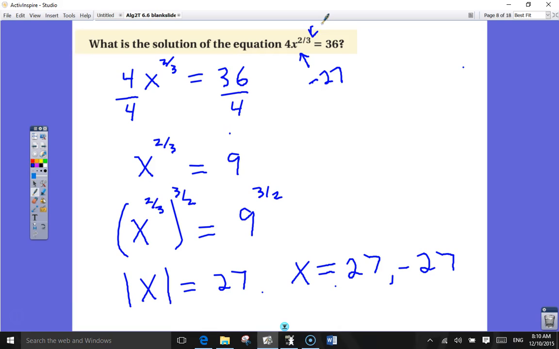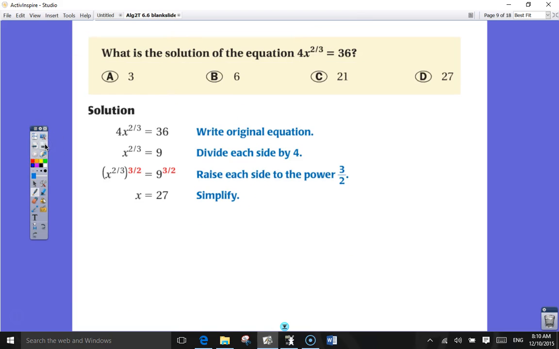To be truthful, that yellow block there was cut from a bigger problem, which was multiple choice, which in a way says, find the right answer in that list. They didn't have 27 and negative 27 in that list. They only had one right answer. So if I was doing that multiple choice, there's no problem.